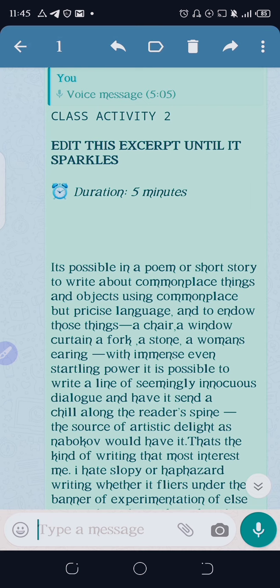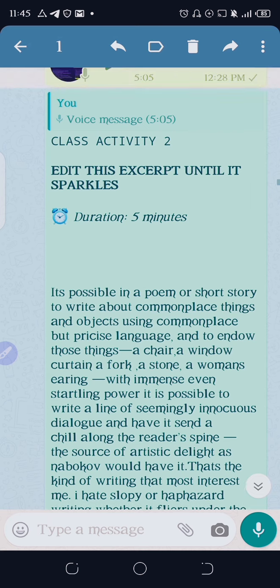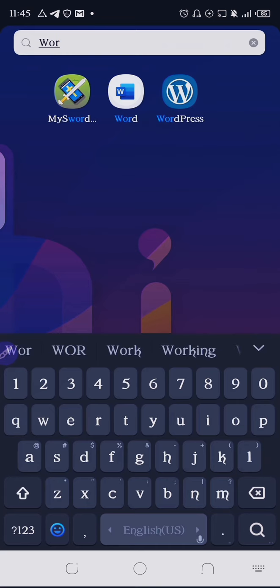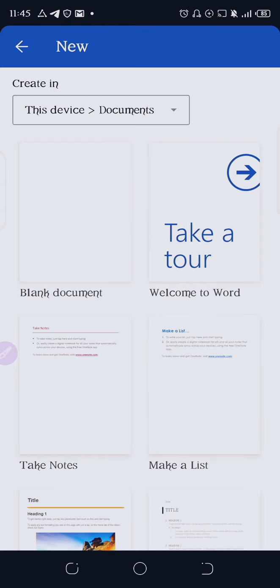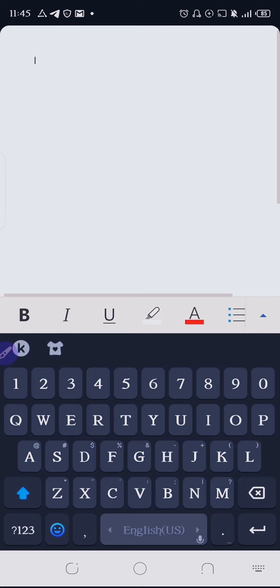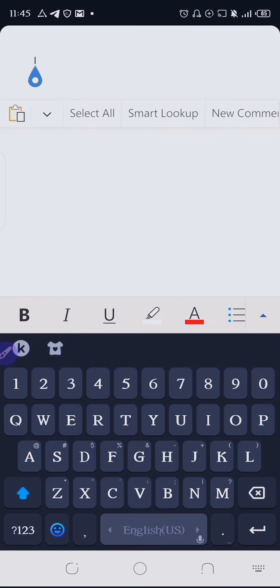The first thing I want to do is to copy this piece, because it's not going to be easy working on it on WhatsApp. So I'm going to get a Word document and place it there. I love to use the Microsoft Word software, so I have it on my phone. If you don't have it, you can get one. So I'm going to create a new blank document over here. Let's paste what we just copied from our virtual classroom.